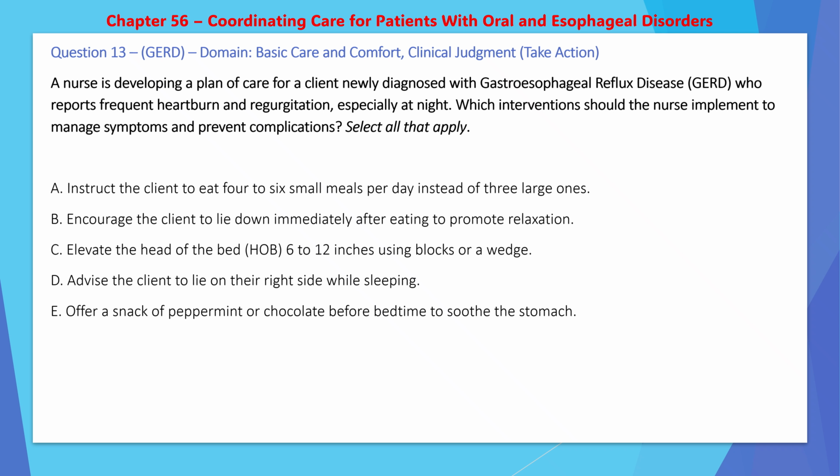The correct answers are: instruct the client to eat 4 to 6 meals per day, elevate the head of bed 6 to 12 inches, and advise the client to lie on their right side while sleeping.